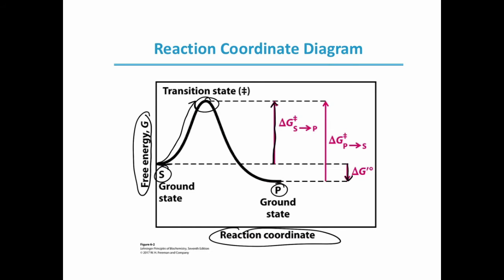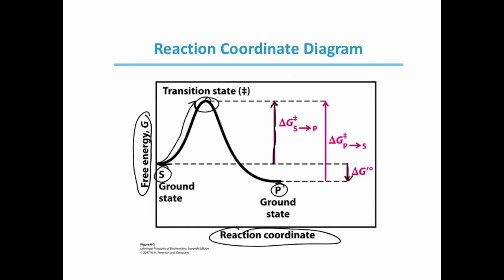The transition state is not a chemical species that can be isolated or has any significant stability, so it should not be confused with a reaction intermediate. It is simply a fleeting molecular moment in which events such as bond breakage, bond formation, and charge development have proceeded to the precise point at which decay to substrate or decay to product are equally likely.